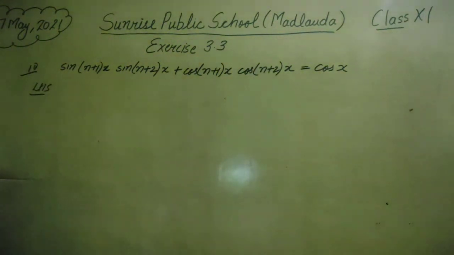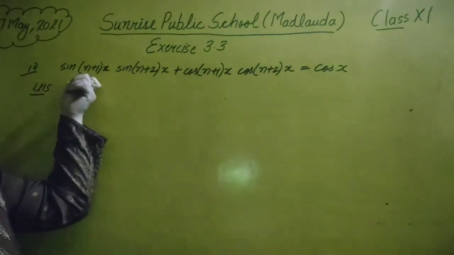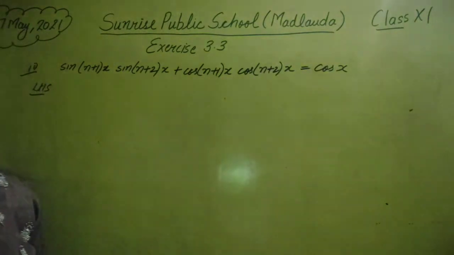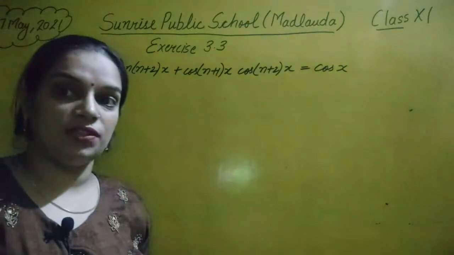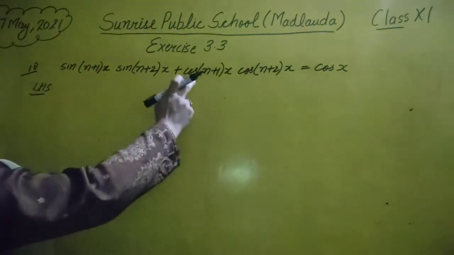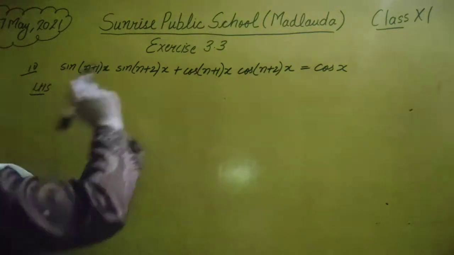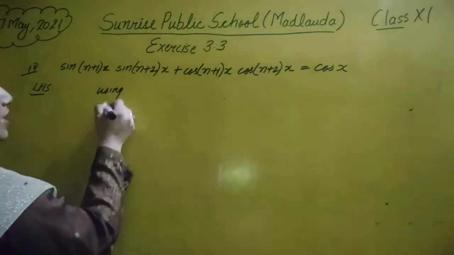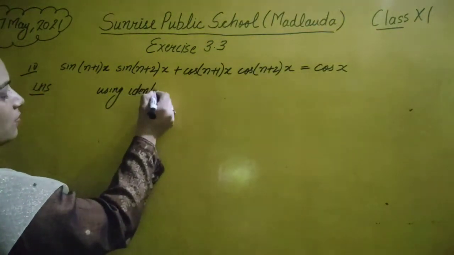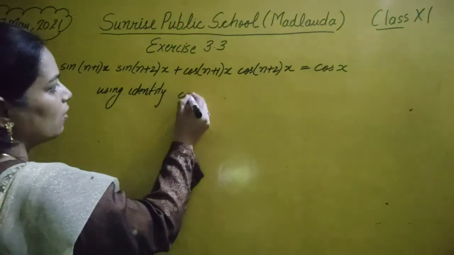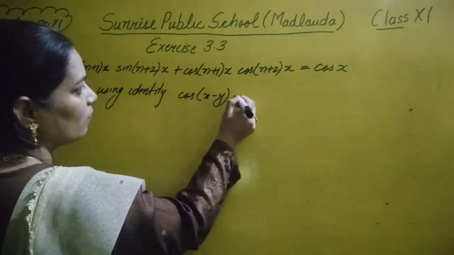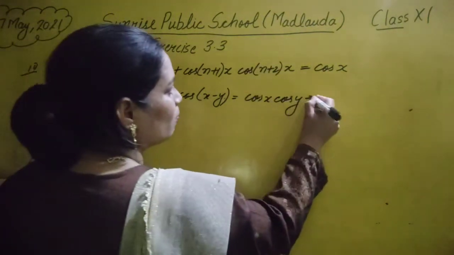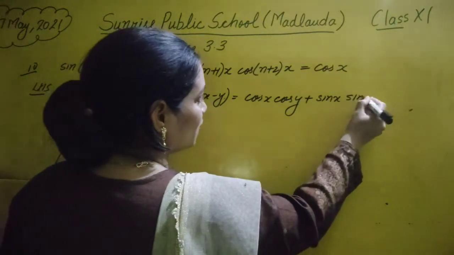In the left hand side we have sin (n plus 1)x, sin (n plus 2)x, cos (n plus 1)x and cos (n plus 2)x. So what identity will we use here? We will use the identity cos x cos y plus sin x sin y. I am writing here, using the identity cos of x minus y is equal to cos x cos y plus sin x sin y.